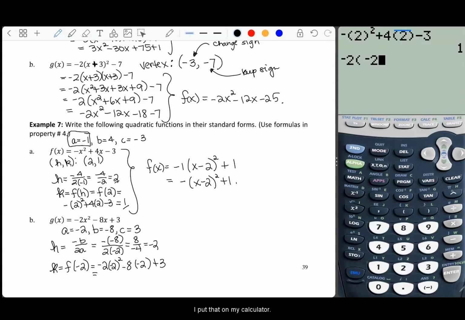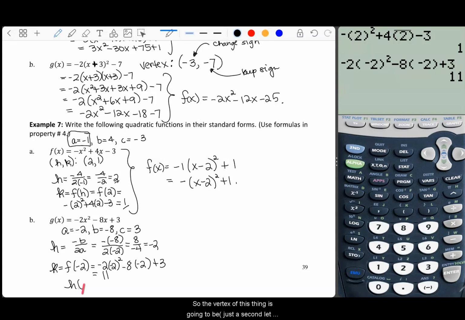If I put that on my calculator, negative 2 times parentheses negative 2 quantity squared, minus 8 times a negative 2 plus 3. And it works out to a k value of 11. So the y value of our vertex is 11.